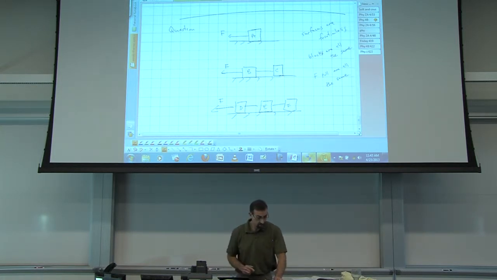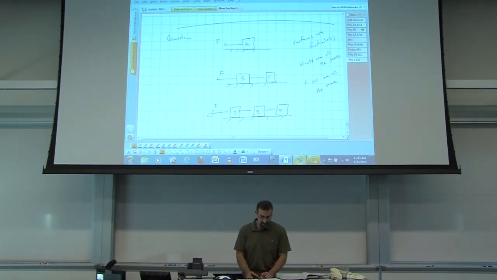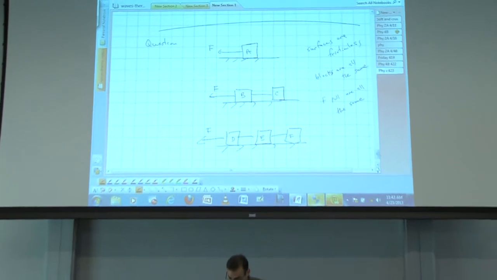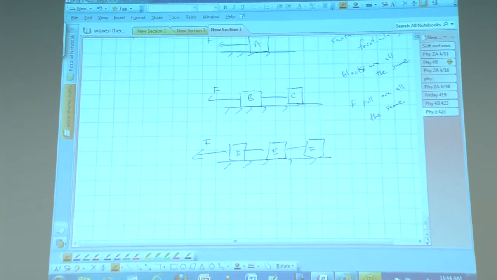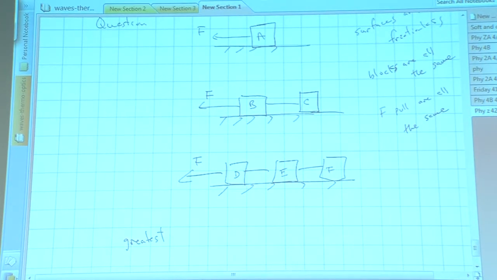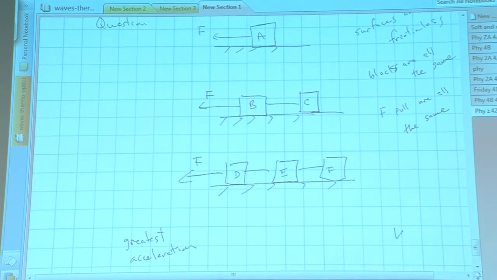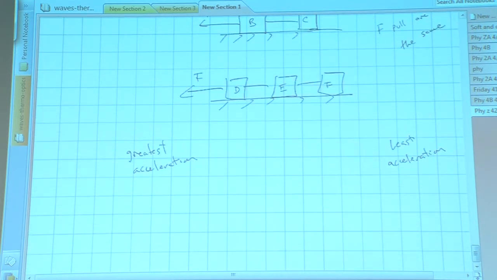Okay. So tell me, rank the blocks on the basis of the acceleration. Which ones are going to have the greatest acceleration? And which ones are going to have the least acceleration? And if any of them have the same, indicate that somehow.